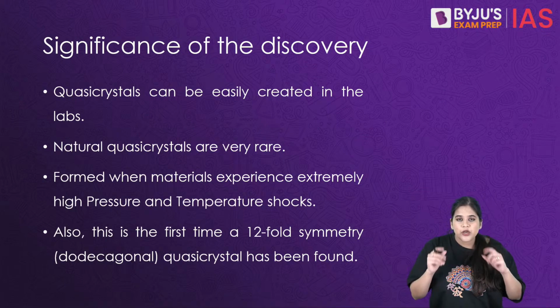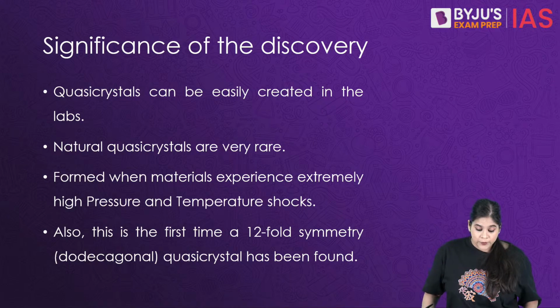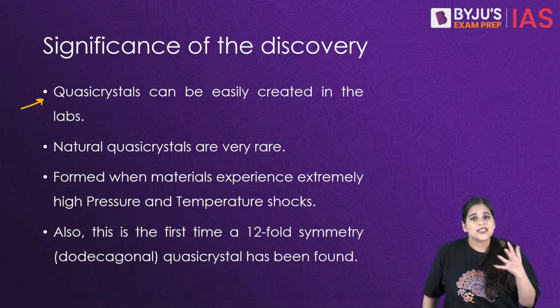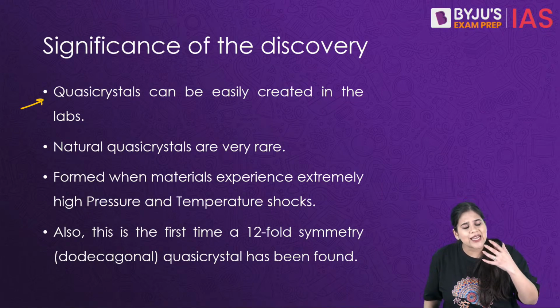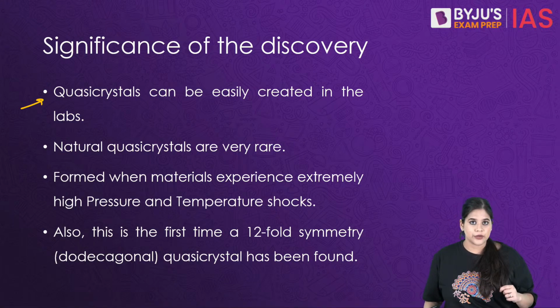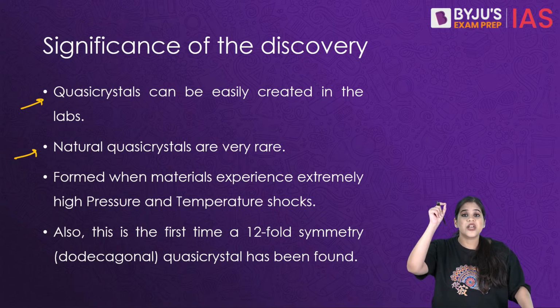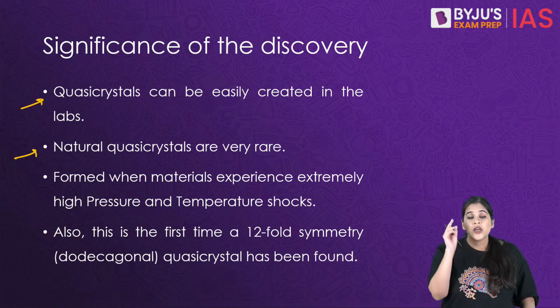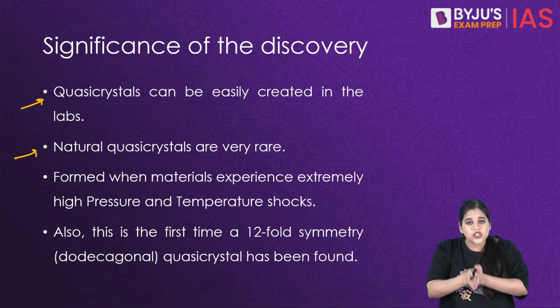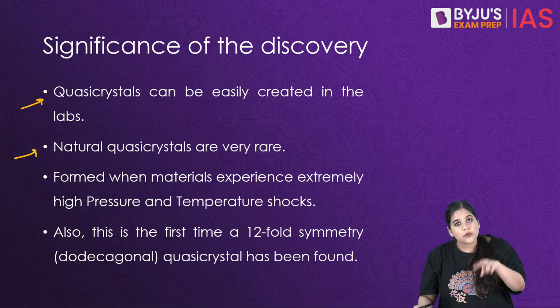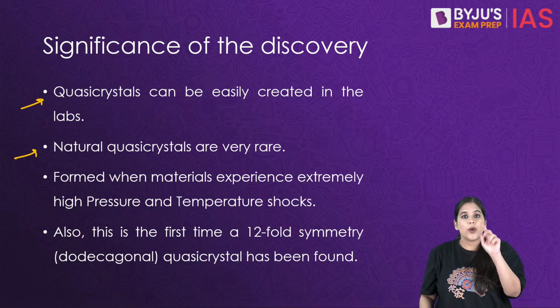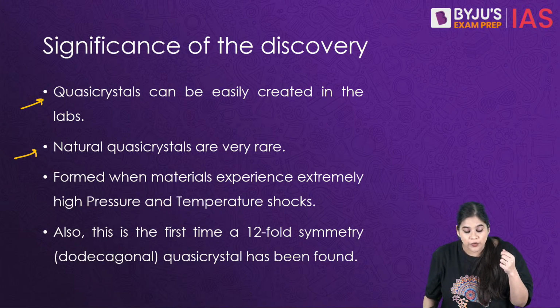Now why is this particular discovery so important? See, quasi crystals can be very easily created in the laboratories since the time they were found. However, finding natural quasi crystals is very rare. Before this finding in Nebraska, there were only 2 incidents where it was found in nature.